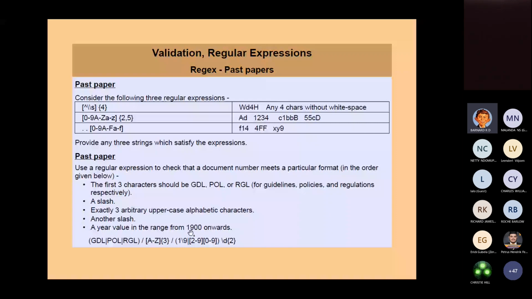So if you look at the requirement, 1900 onwards, that parenthesis through to the closing parenthesis is dealing with only the first 2 characters, the 19 or the 20 or the 21. In fact, it'll go up to 99. And then this backslash D2 is dealing only with the last 2 characters. So this whole complicated part at the front here is only dealing with the first 2 characters.